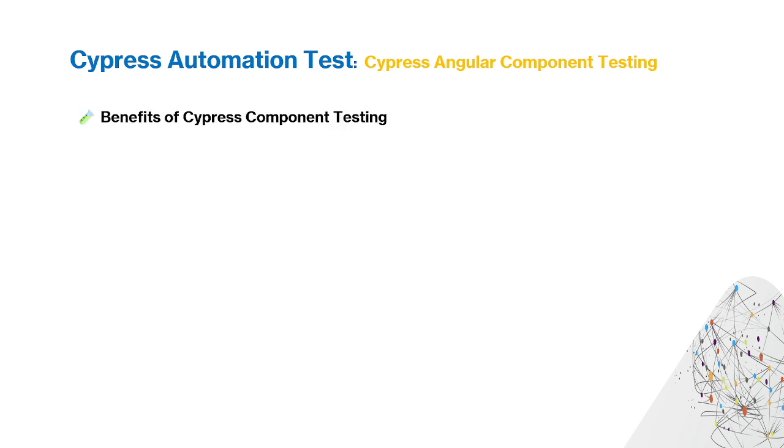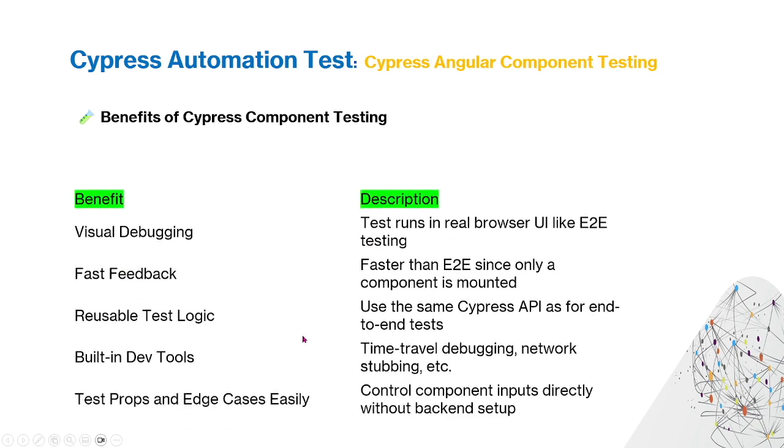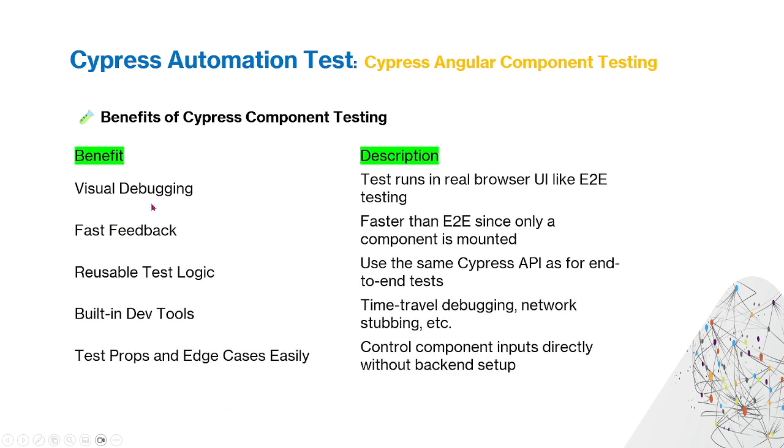Benefits of Cypress Components Testing. Visual debugging: tests run in a real browser UI like E2E testing. Faster feedback: faster than E2E, since only the component is mounted.